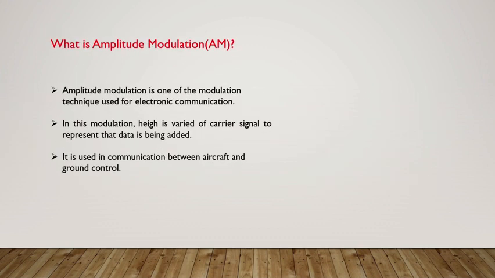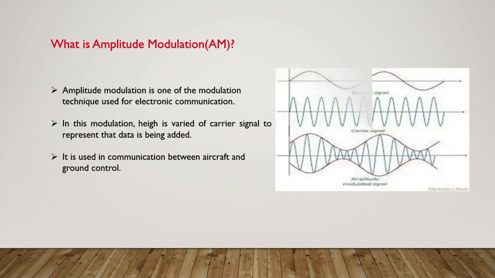Now, next is what is amplitude modulation? Amplitude modulation is one of the modulation techniques used for electronic communication. In this modulation, the height of the carrier signal is varied to represent that data is being added, and it is used in communication between aircraft and ground control.